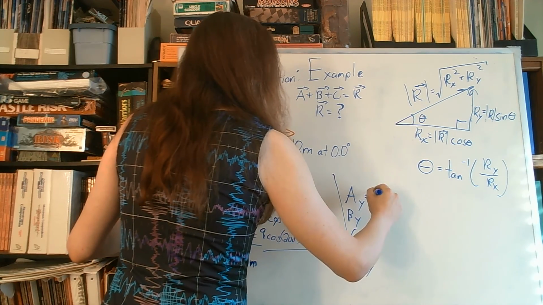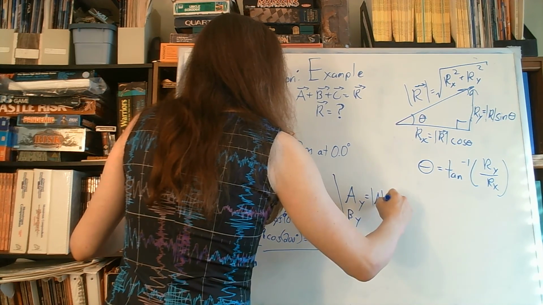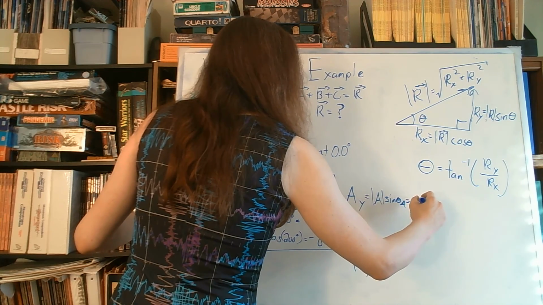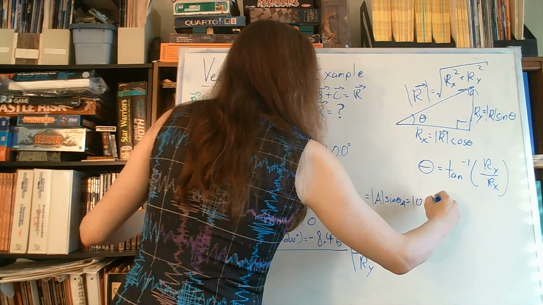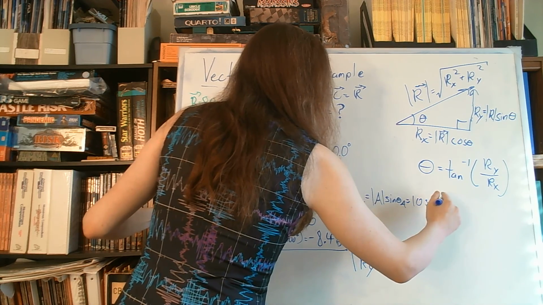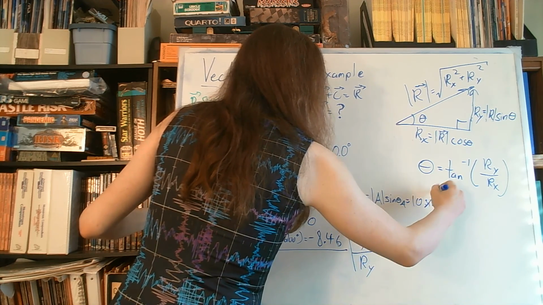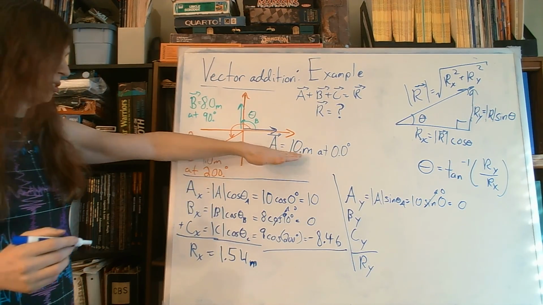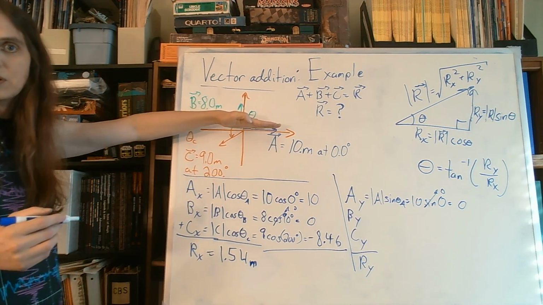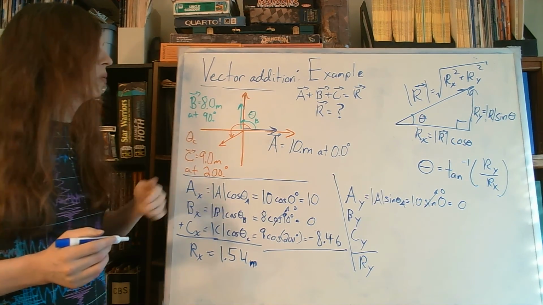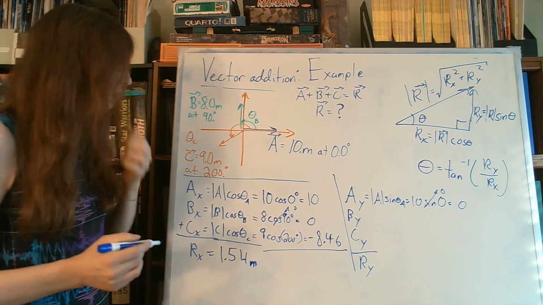So that's A sine theta A, which was 10 times sine 0, which is 0. We knew there was no part of that vector that is aligned with the y-axis, no component in the y direction if it's all in the x direction.